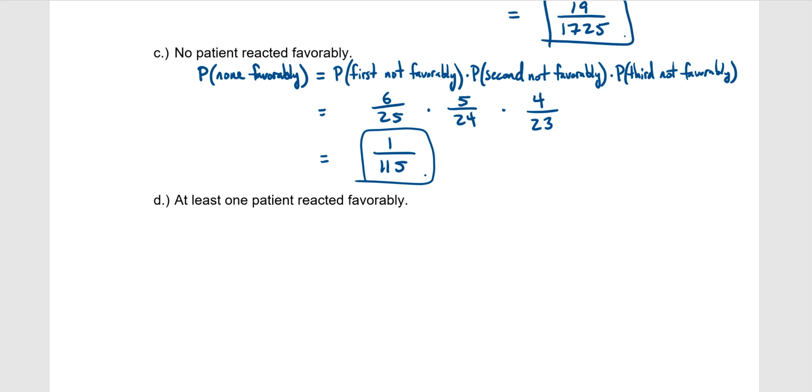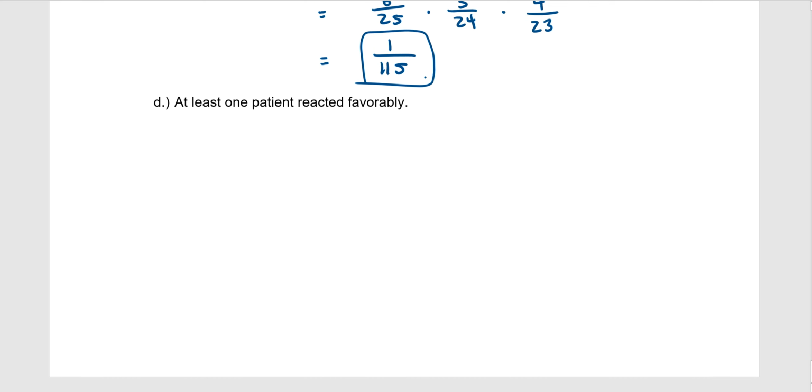Okay, and for the last one, we want the probability of at least one patient reacting favorably. So this could be one patient reacting favorably, 2 patients reacting favorably, or 3 patients reacting favorably. We have to remember that for the probability of at least one, we can use a little shortcut.